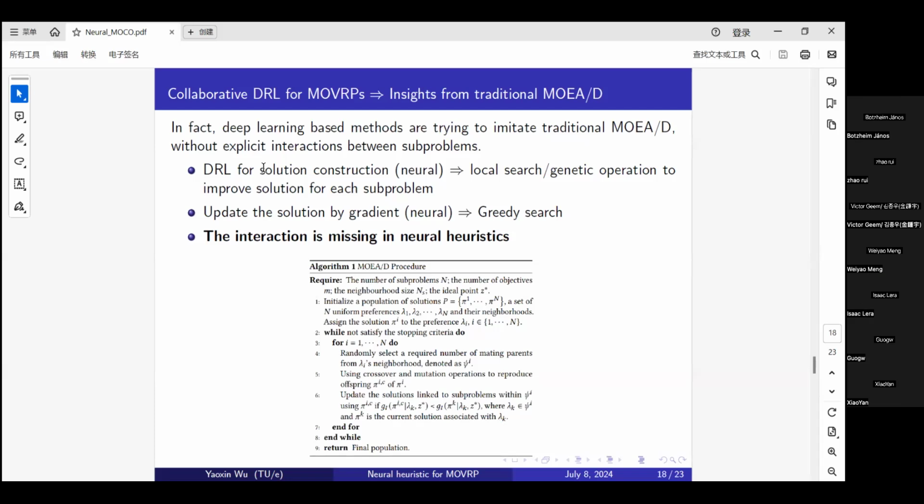But comparing these methods with the traditional MOVRP methods, we find that the interaction between the single objective vehicle routing problems is missing in the current neural heuristics.